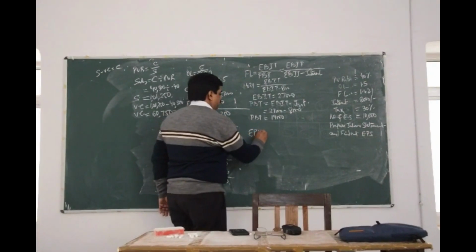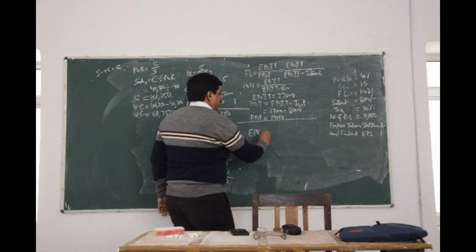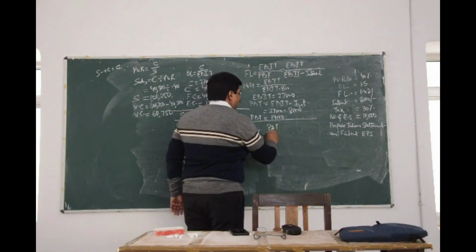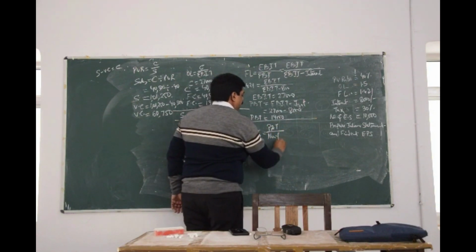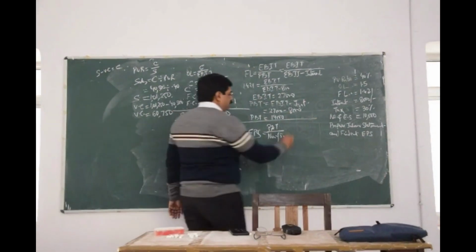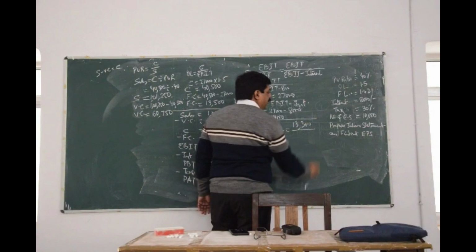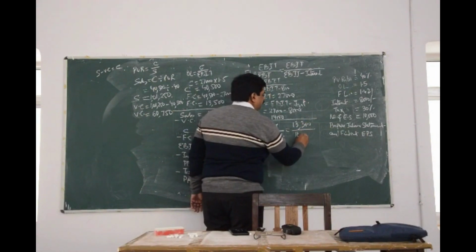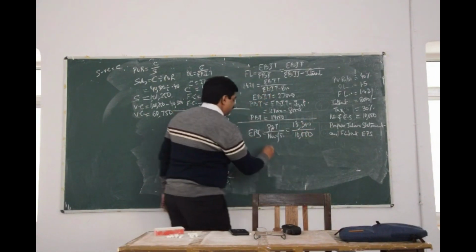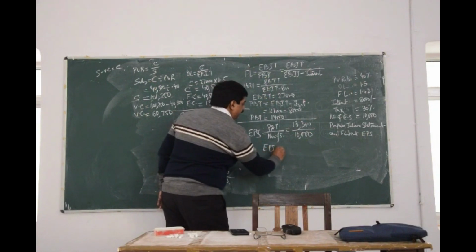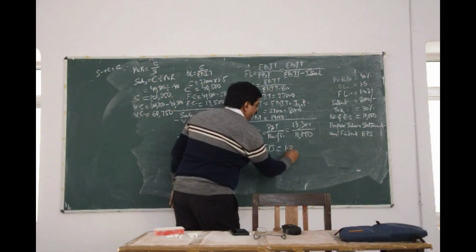Earning per share is profit after tax divided by number of shares. That is 13,300 divided by 10,000 shares, so earning per share will be 1.33.